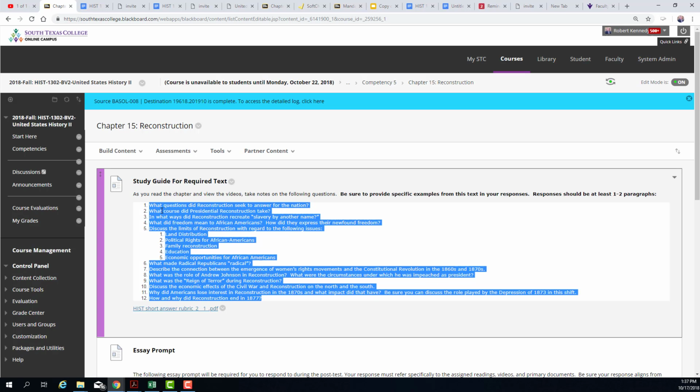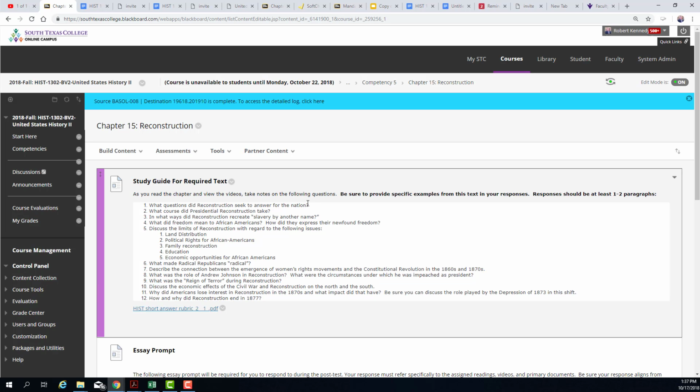And in your notebook, or your notebook dedicated to this course, write each question on the top of a page, go to another page, write this question here. You most likely will never need a whole page for any one of these questions, so maybe a half a page, but definitely give yourself enough room. Handwrite them out.